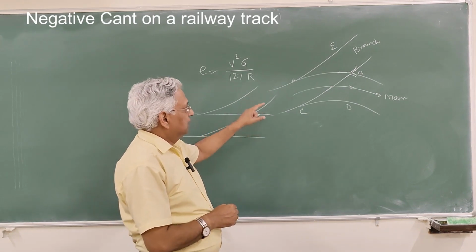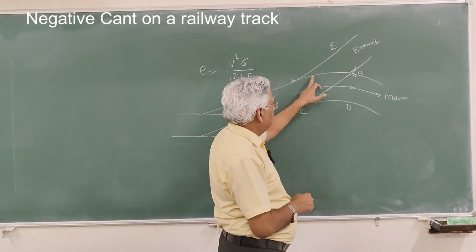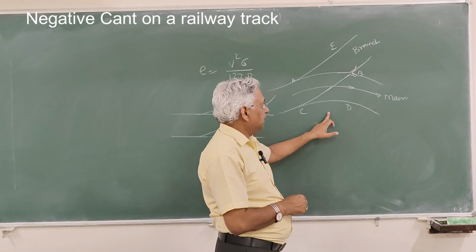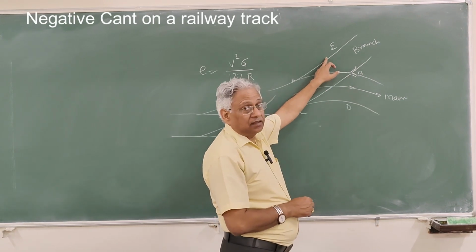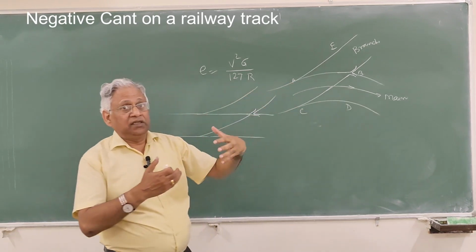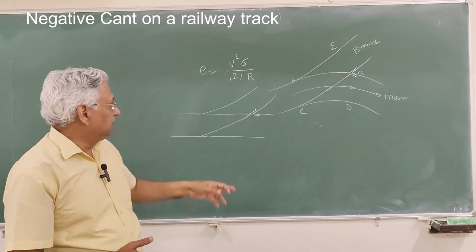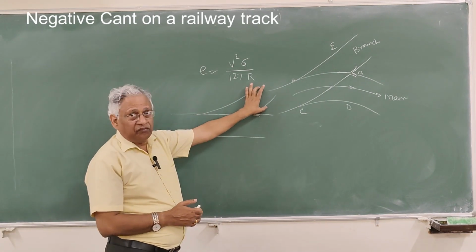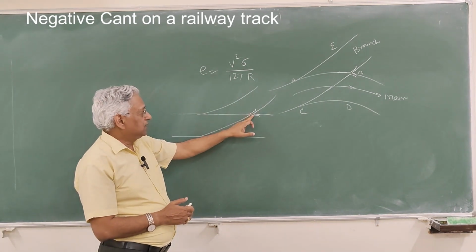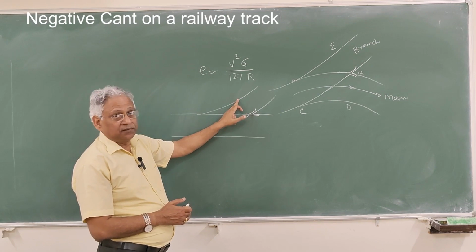The requirement is that for main line this should be laid at higher elevation than this rail, and for branch line this should be laid at higher elevation than this line. That's a conflicting requirement. And similarly here, there is a tangent track, a turnout takes off, and therefore this point should be higher than this point.